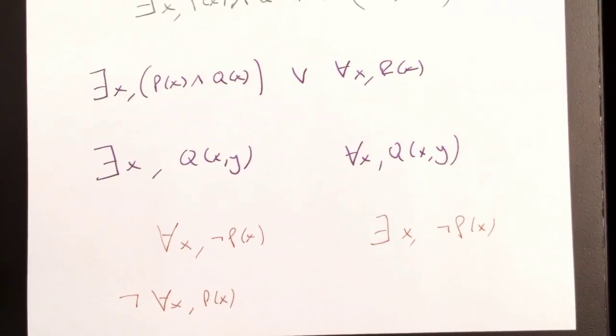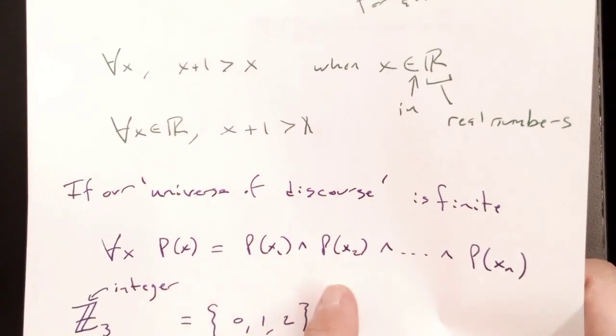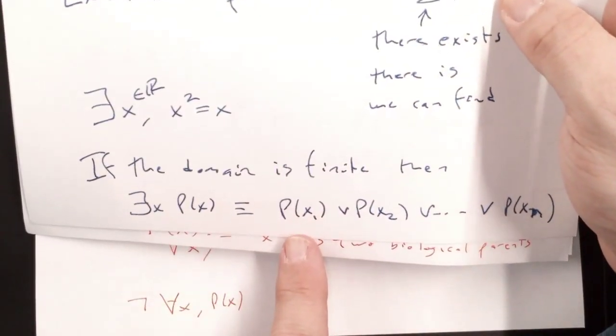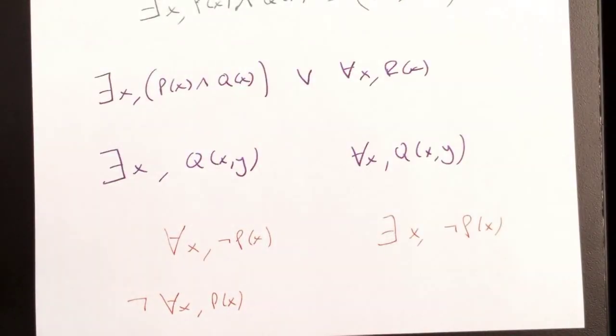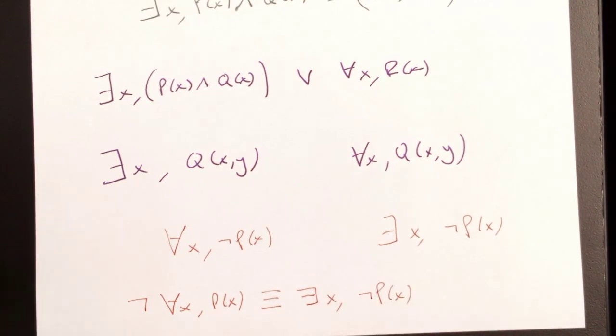The universal quantifier we said was a giant and, right? If you have a negation outside an and, you switch them to ors, and we said that the existential was a giant or. So this sentence means the same thing as there is some X where it's false. It's not always true. I mean, somewhere it's false.